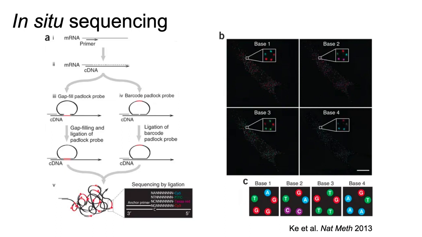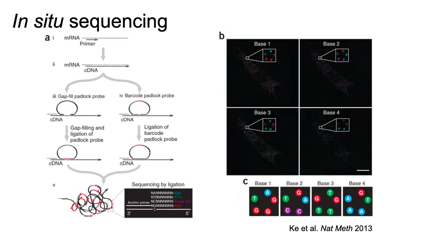And you can make these in 2 different versions, either a gap-filling or a barcoding padlock. The gap-filling padlock has a little space over here, which you can then fill up with a polymerase and a ligase, while the barcode padlock doesn't have that. It just has a nick, which you can seal with a ligase.